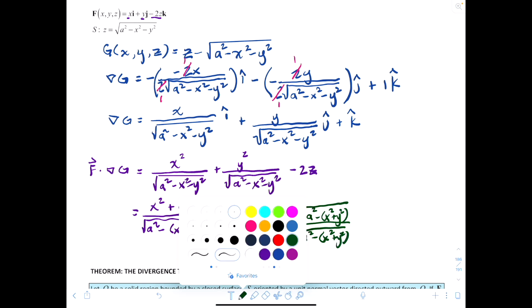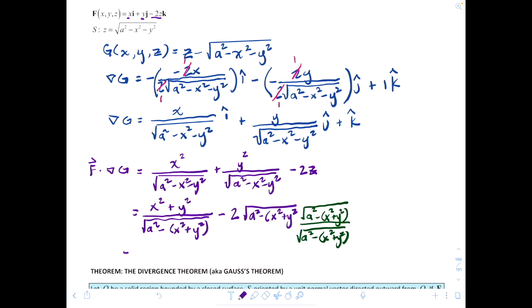So that's going to give me x squared plus y squared, remember, is r squared, over the square root of a squared minus r squared. And then the radical will go away, and so here, continuing, we'll have minus 2 times a squared minus r squared.